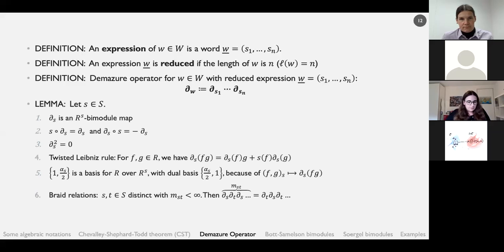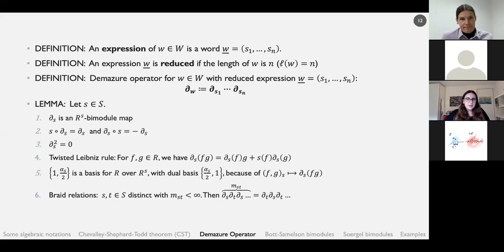With the following lemma, I will demonstrate that the Demazure operator satisfies a number of important properties. Now let s be an element of capital S, so s is a simple reflection. Then ∂_s satisfies the following properties. There are more properties, but they're not important for us at the moment, so I will just demonstrate those 6.